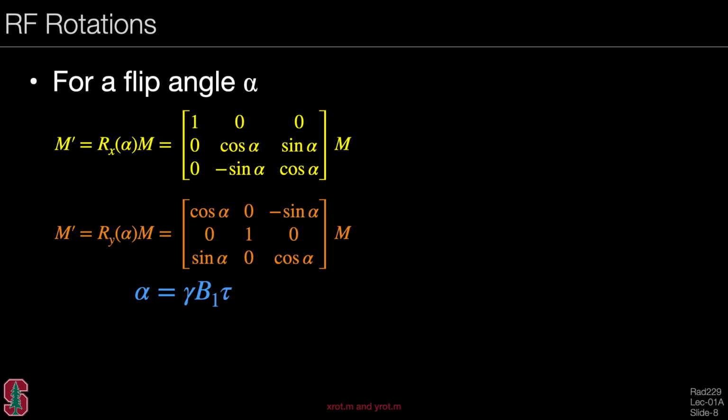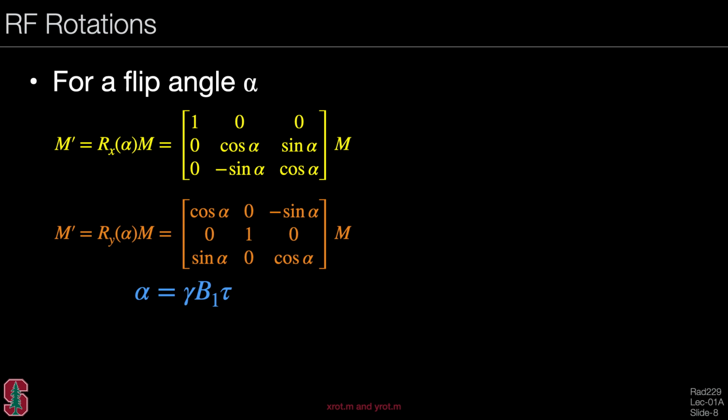Okay, now let's look at RF. Now, we can also express the effect of an RF rotation or nutation using a matrix form. For a flip angle alpha, the rotations about x or y are shown here. Notice these are simple rotation matrices. The axis of rotation is obvious here.